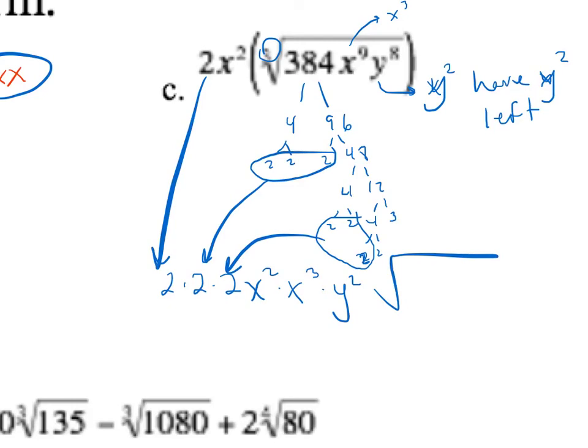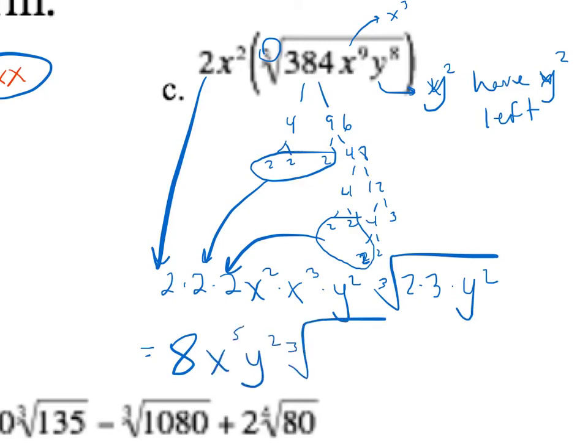So left on the inside we have a 2 and a 3 and 2 y's. So our final answer here is 8, and that's in a third root. 8 x to the 5th, y squared, cube root of 6 y squared.